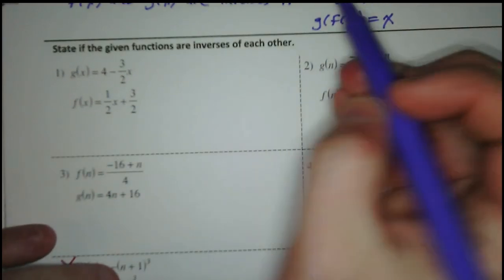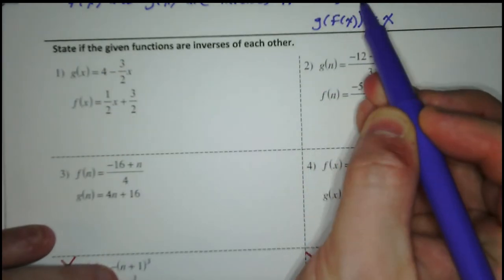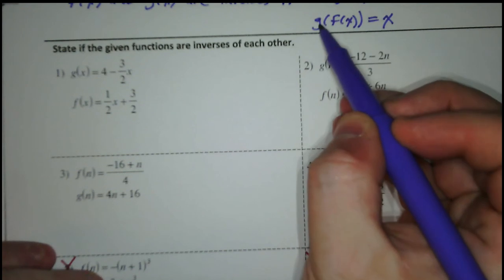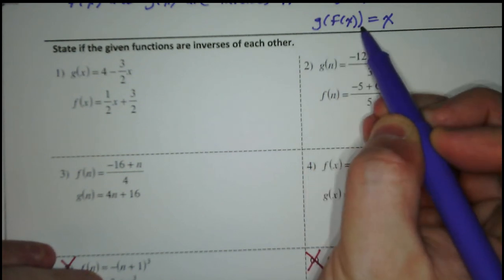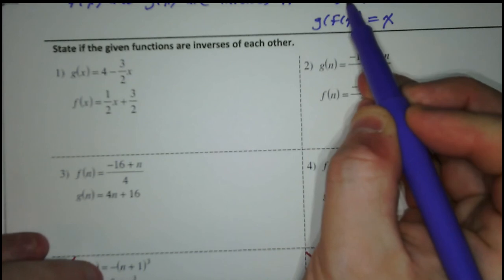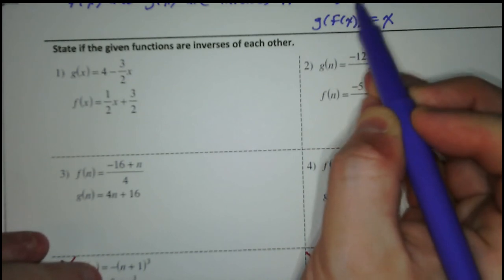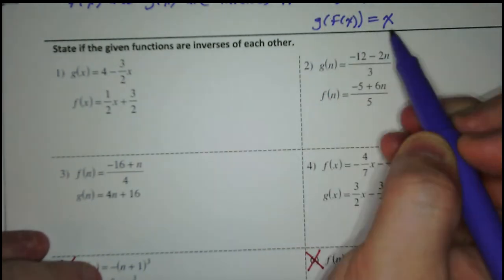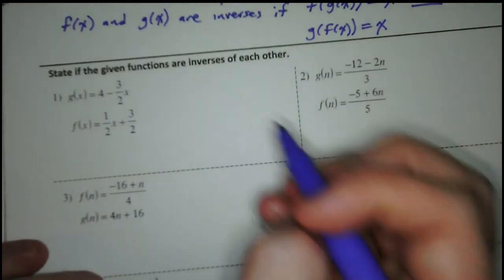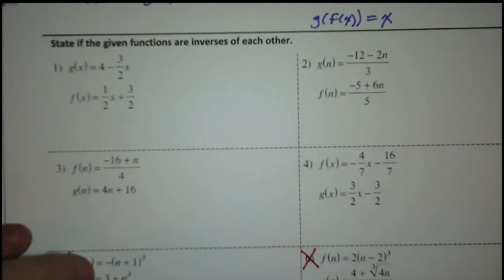So you would do f of g and see if you get x, and then you would also need to do g of f, and also get x. Remember what this means. This means you are plugging in the entire g function into the f function, and then vice versa.